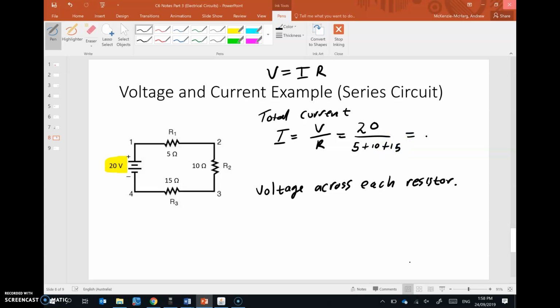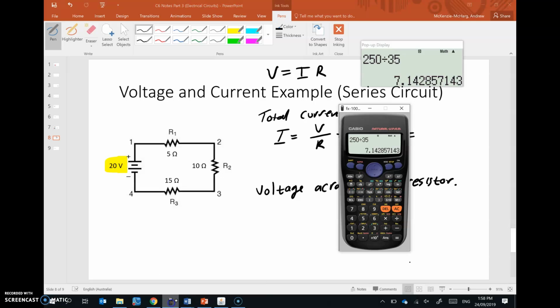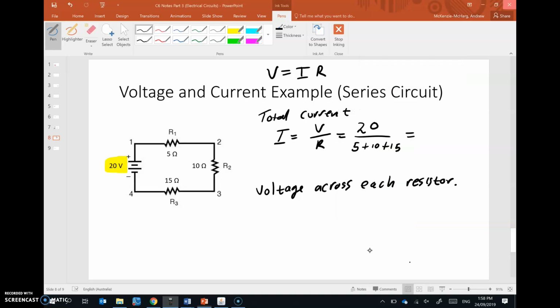So overall we've got 20 divided by 30. Which gives us 0.666 repeating. We'll say three significant figures, 0.667 amperes or amps. So the current flowing through this circuit is 0.667 amps, and that's the same throughout the circuit. There's only one road for the current to travel along.